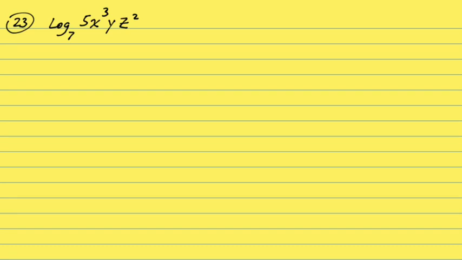23, you have things multiplied. I'll just put the base 7 in at the end. Log 5 plus log of x to the 3rd plus log of y plus log of z to the 3rd.